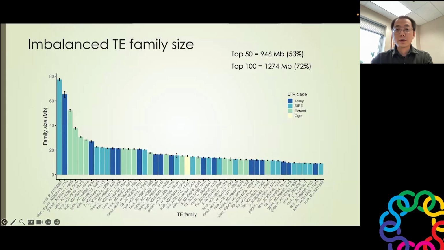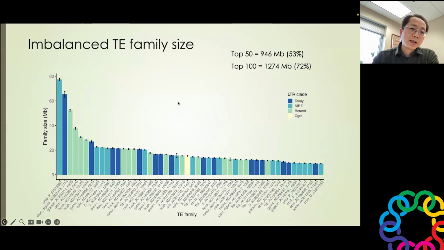And then they contribute over 50% of the genome. And the error bar here is the variation between the 26 maize genomes. And you notice most of them are not that varying, right? They have little variation. That means they're not changing between individuals. And some have some variation, like this one.